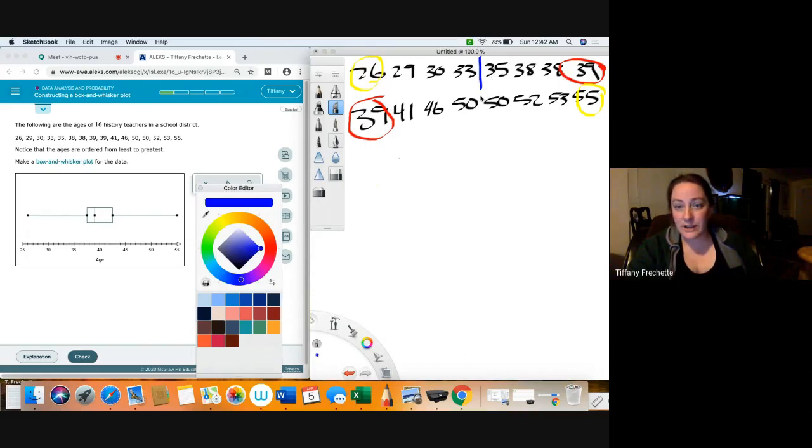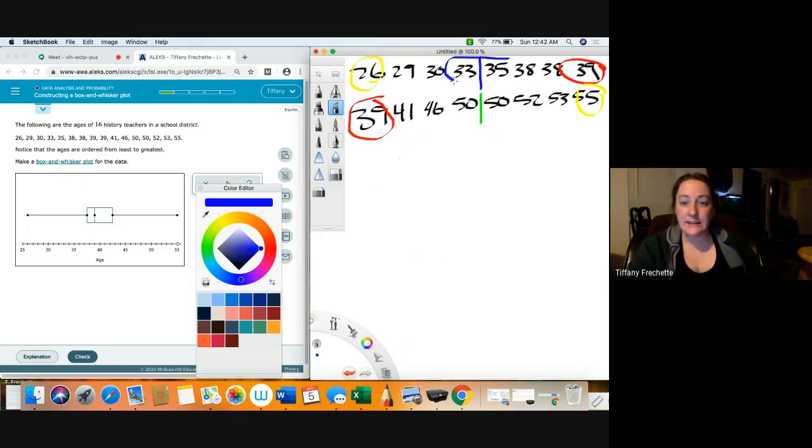And I can just continue, but I'm going to do it in green, the bottom half, just so you can see that they're different. I went ahead and drew the line there just so that you could see it. So I divided both my lower half and my upper half, just so that I could see where it landed.